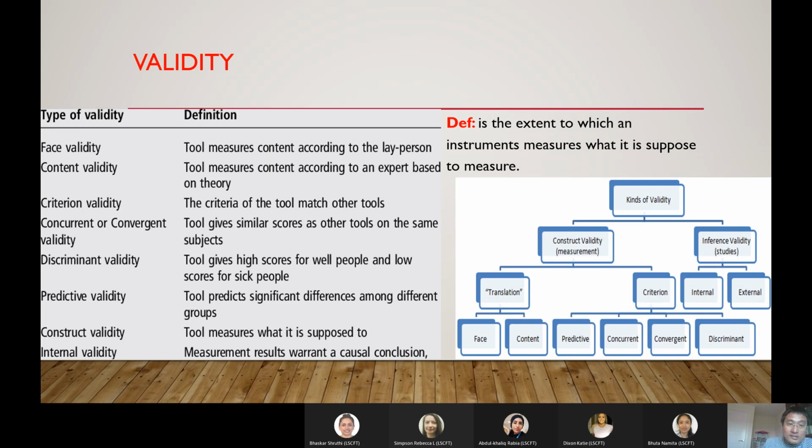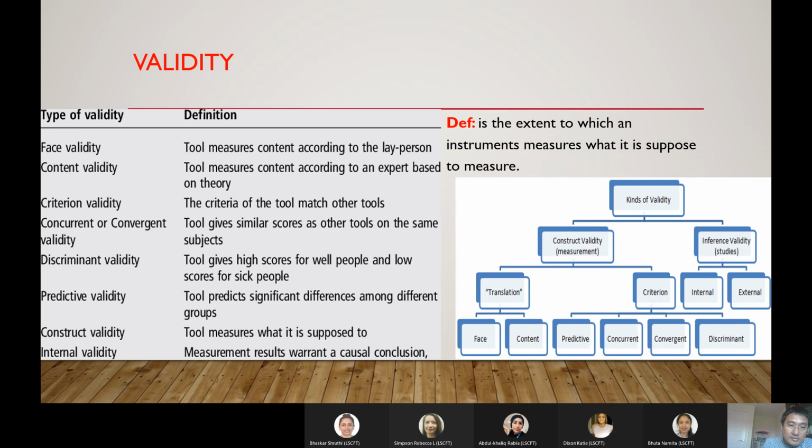Content validity is always expert based. Criterion validity is when the tool matches with other tools, so it's comparing one rating scale with another. If you are comparing one rating scale with another, it is always criterion validity. Concurrent means both the scores tend to be the same.